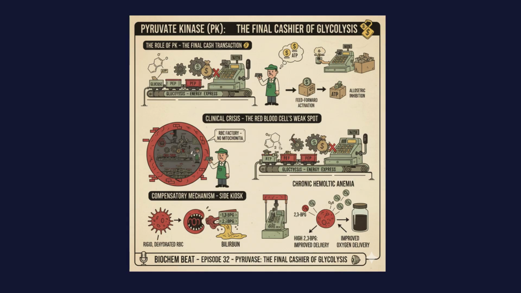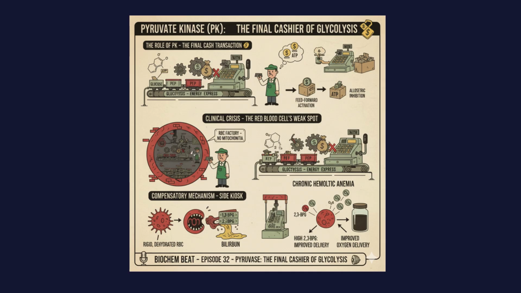High 2,3-BPG lowers hemoglobin affinity for oxygen and enhances oxygen release to the tissue. This is a beneficial compensatory mechanism. So patients with PK deficiency can often tolerate surprisingly low hemoglobin levels because their RBCs are so good at dropping off oxygen.